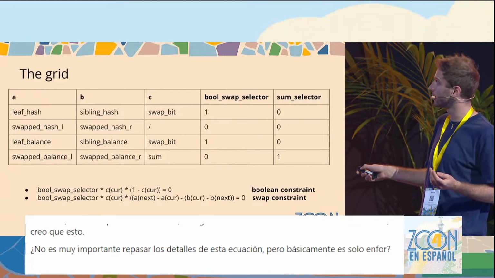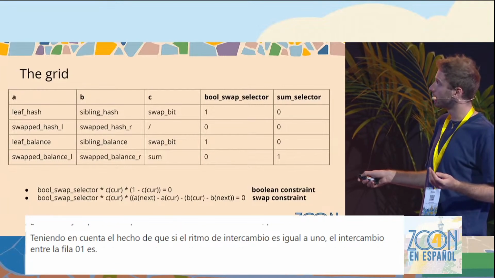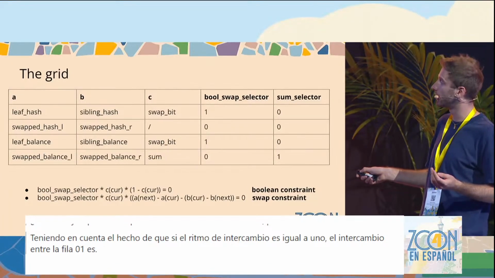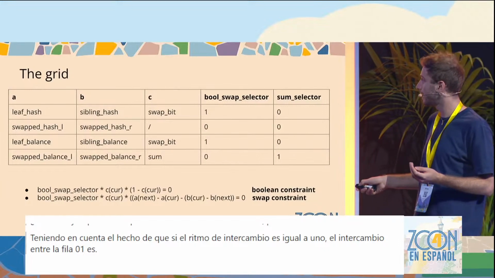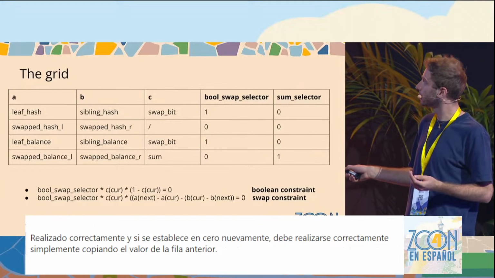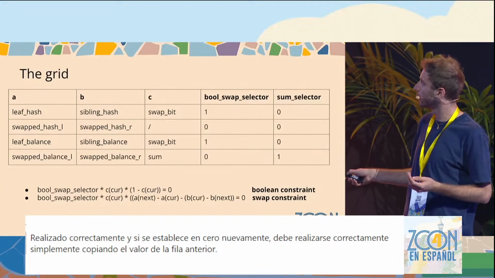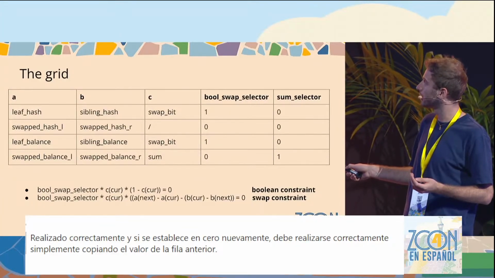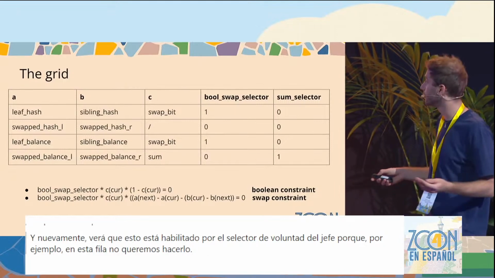And if it's set to 0, again, it should be performed correctly just by copying the value from the previous row. And again, you see that this is enabled by the bool swap selector, because, for example, at this row, we don't want to enable this constraint, so we set the selector to 0.